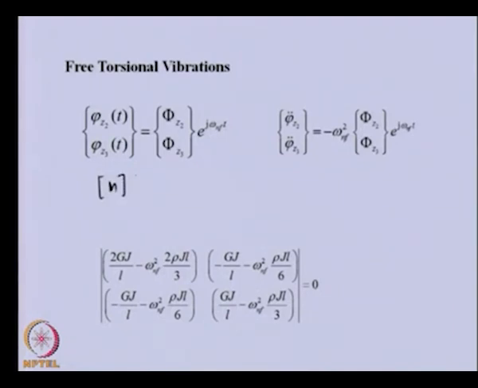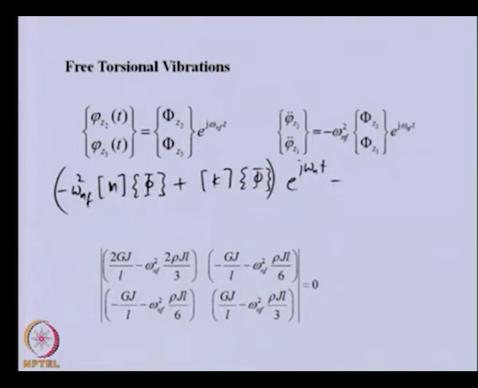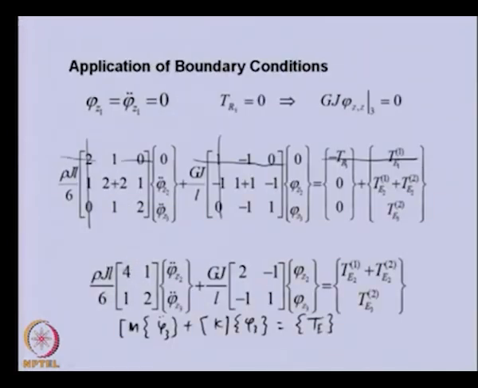In this we had the mass matrix, and then the stiffness matrix, and the time dependent term, e to the j omega n f t, is outside, and this is for free vibration. So the external torques we are keeping at 0. Now you can see back this equation. This is the mass matrix, this is the stiffness matrix, this is 0 because free vibration.